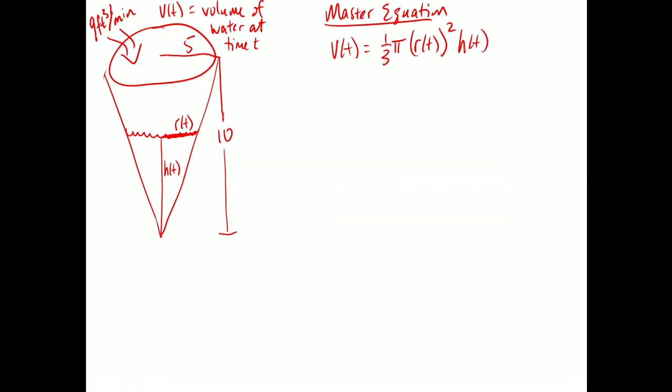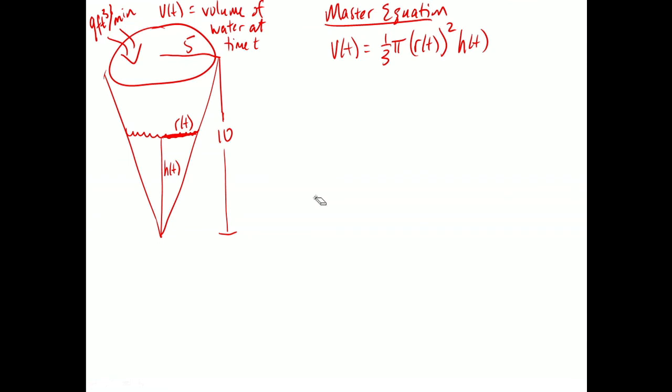Again, this serves just to say that the volume of water at time t is 1/3 pi times the radius at time t squared times the height at time t. So all of those are functions because they're all changing over time. But as an overarching fact, that's always true.